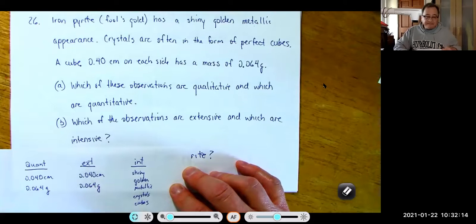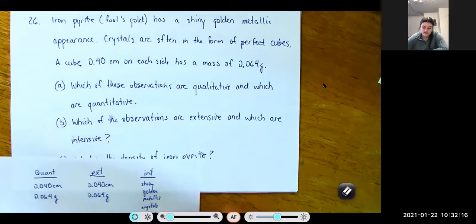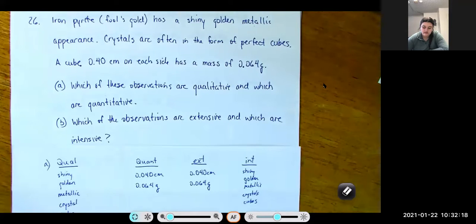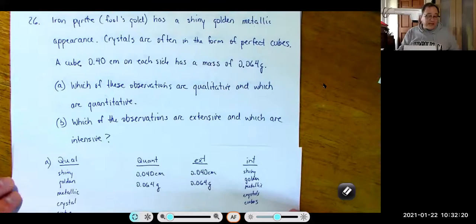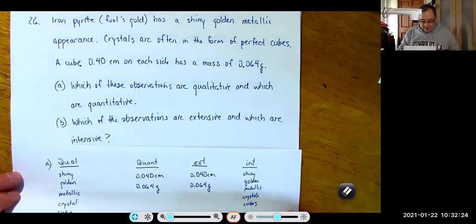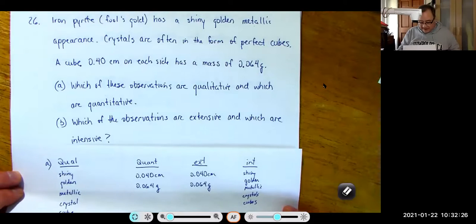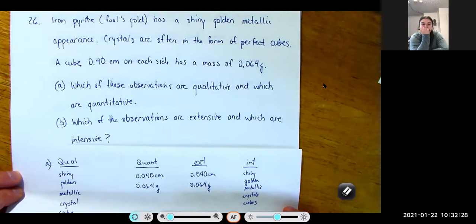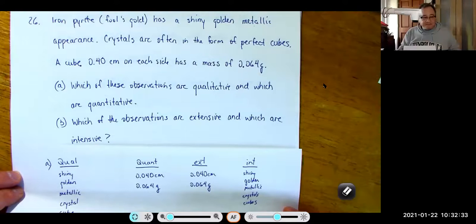Are you with me? Okay. So off the top of my head, I can't think of an example where you have an extensive property or observation that is not quantitative. I really can't think of one.